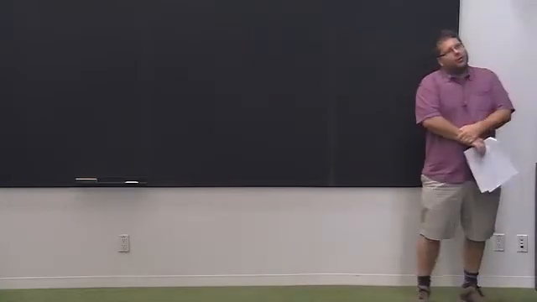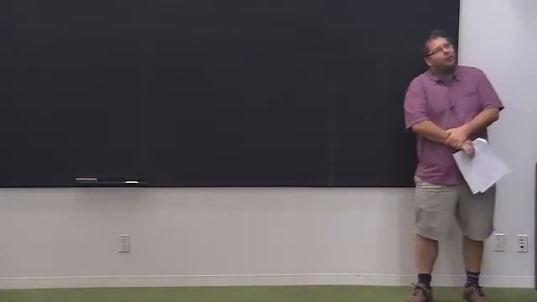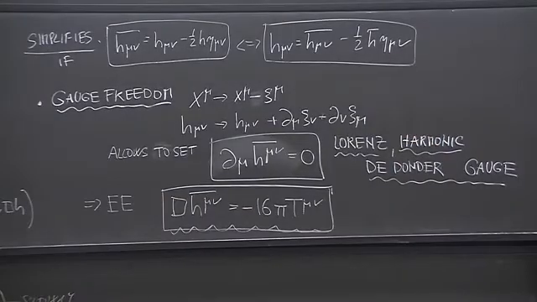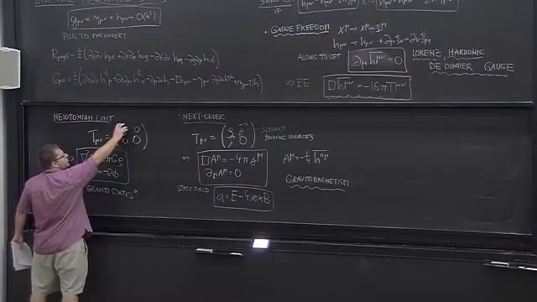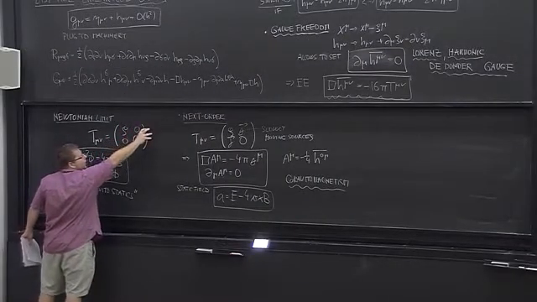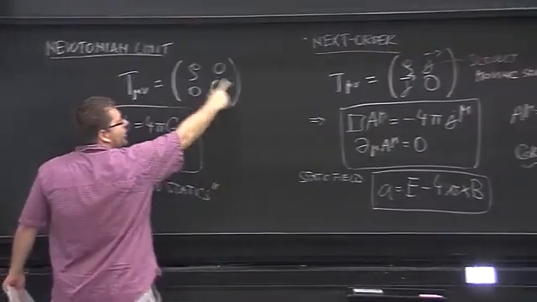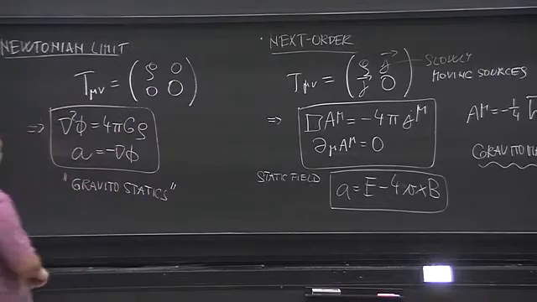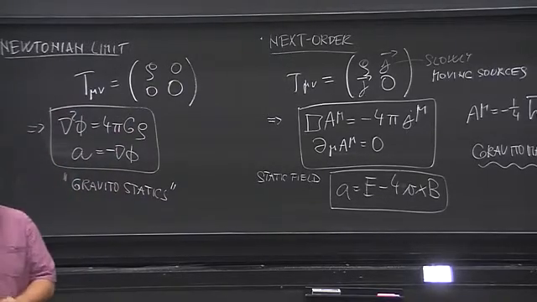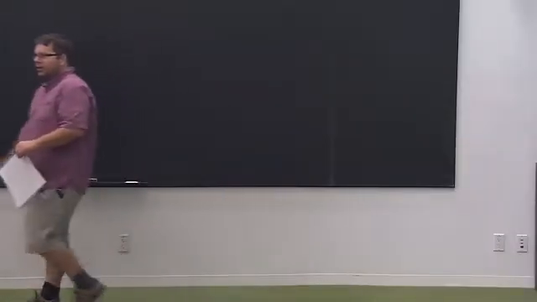It's instructive to look at what happens in the Newtonian limit. The general structure of t mu nu has the energy density, then the energy flux or momentum flux, and the pressures. In the Newtonian limit, the most dominant is just the energy density.